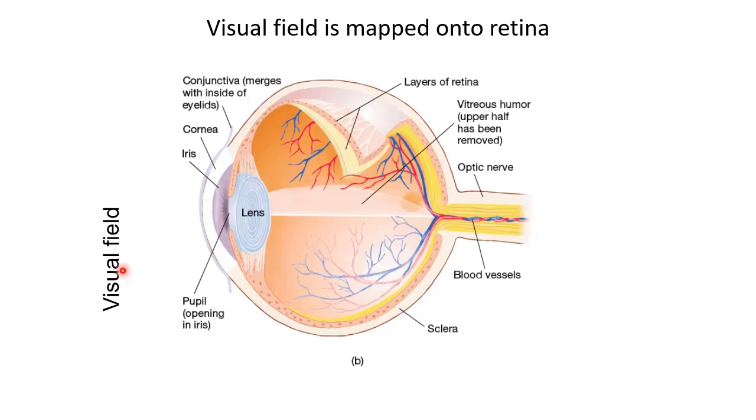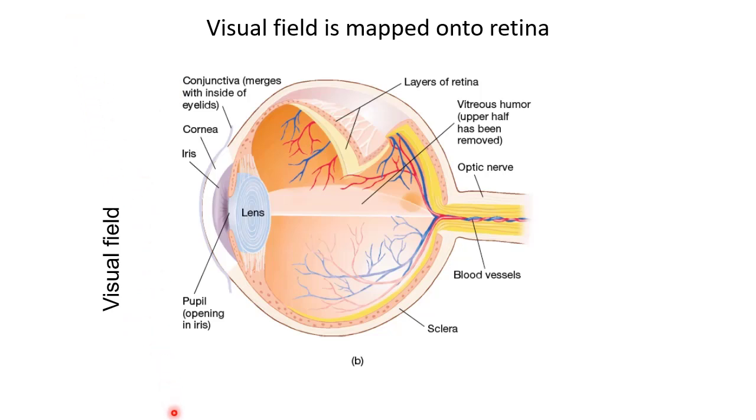And the one thing I want you to all start thinking about is that if you stare straight ahead right now, your visual field is basically a grid. Of course, it's coming across two eyes, but you have things that are on the left side of your visual field, the right side of your visual field. There are things that are up and down.